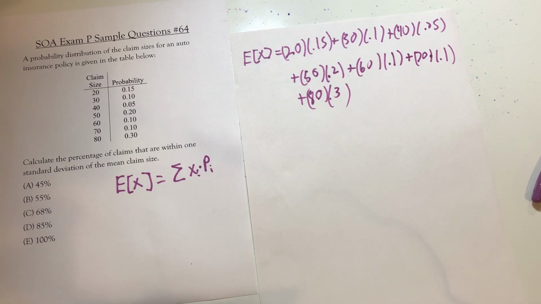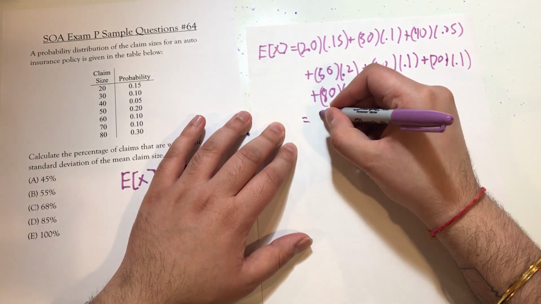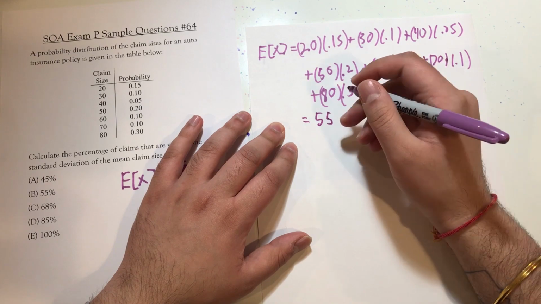Not too difficult. Okay, and we get a value of 55 as our expected value.